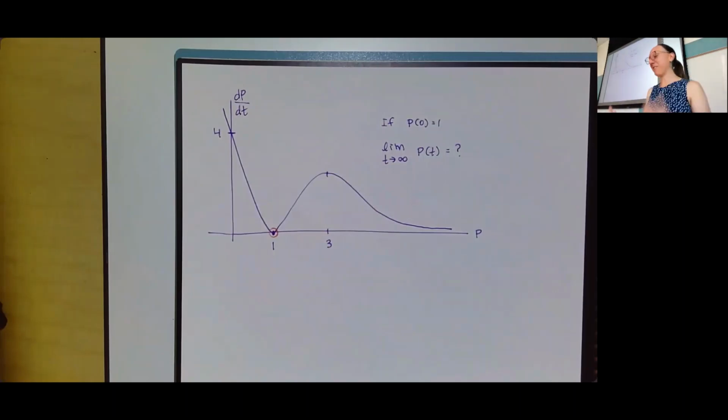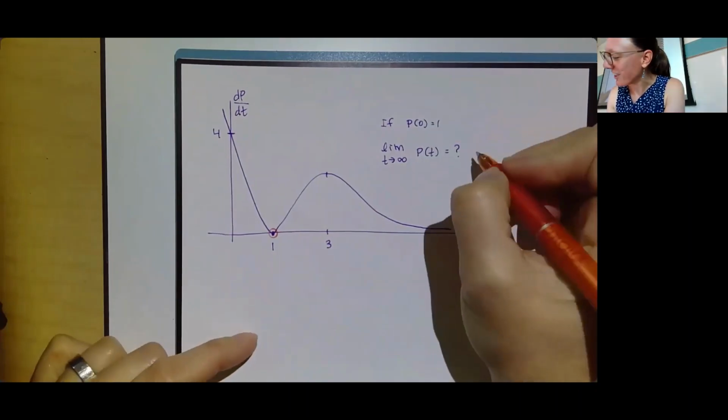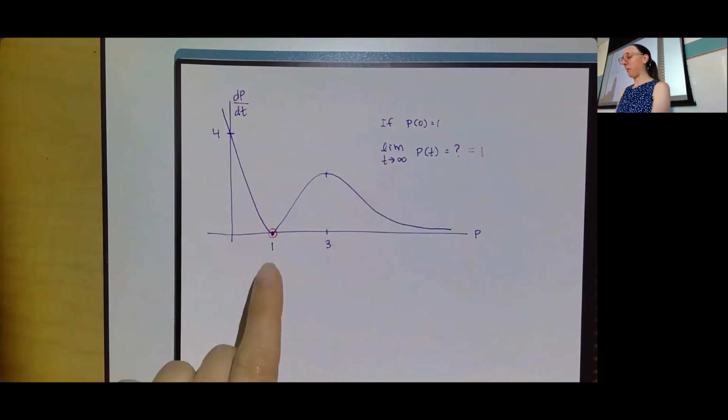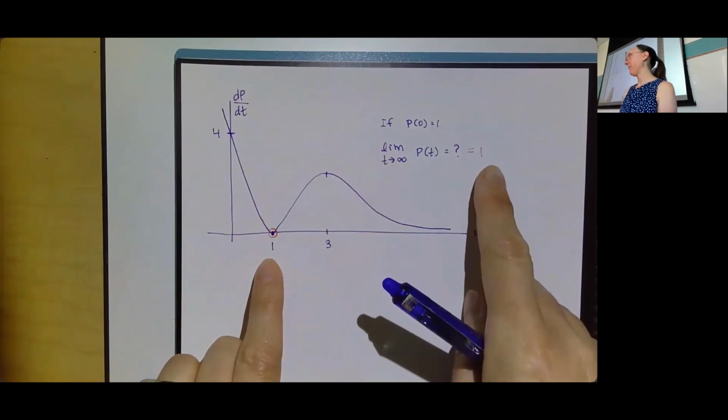So if my derivative is 0 and my function is not changing, this limit is 1 because I'm stuck at 1. 1 is in equilibrium. If I had asked you any point other than 1, this would have been a more complicated question. But really, this was just meant as a, do we understand the connection between this graph and that being in equilibrium?